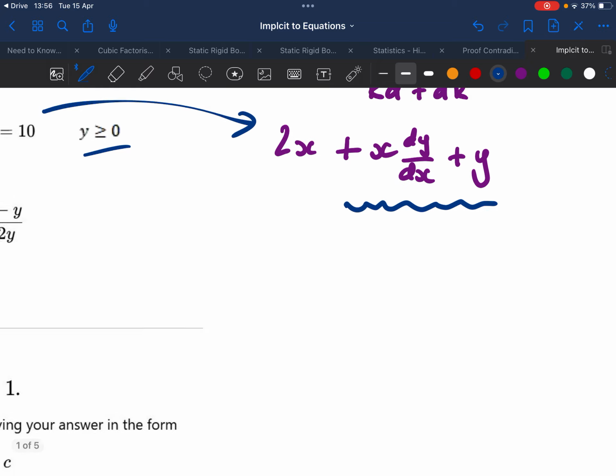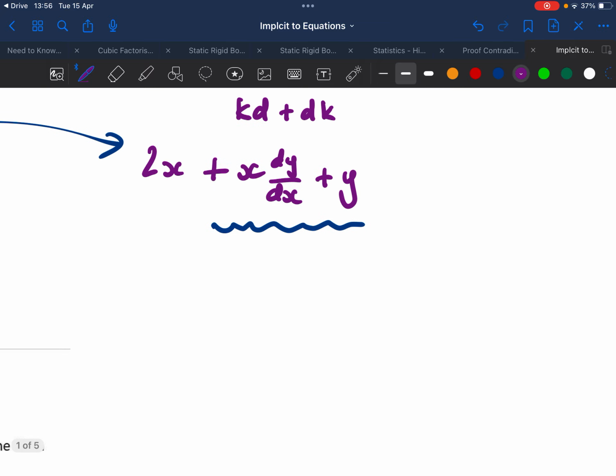Finally, y squared. So again, a bit more practice of our implicit differentiation. So y squared, the answer that you want to say is 2y. But the problem is you're differentiating there again with respect to y. So to fix it, you're going to add a dy dx there, because it has the net effect that you are differentiating with respect to x, which is what we should be doing.